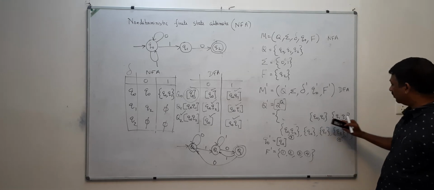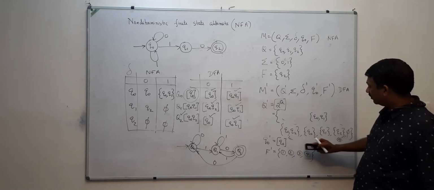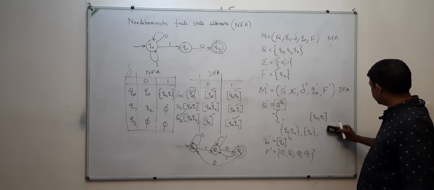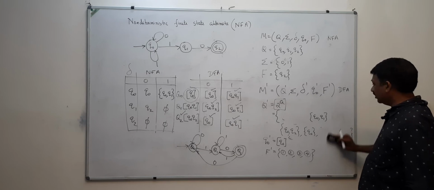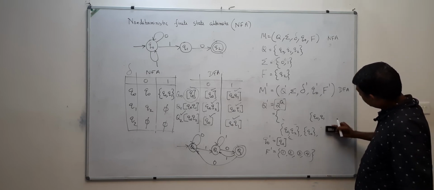Q0 Q1 is reachable, Q1 Q2 is not reachable, Q0 Q2 is reachable, Q0 is reachable, Q1 is not reachable, Q2 is not reachable, and so on. That means these are the 3 states, and now I am going to redefine this.